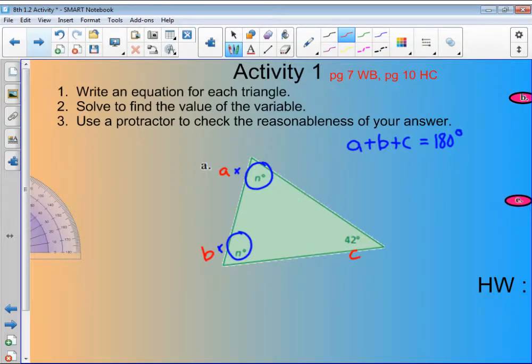So if I substitute in, well, A we said was n, so I'm going to put an n, plus B we said was n, so there's another n, plus C here we said was 42 degrees, equals 180 degrees. Okay, so now I'm going to go ahead and simplify.